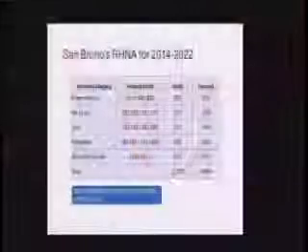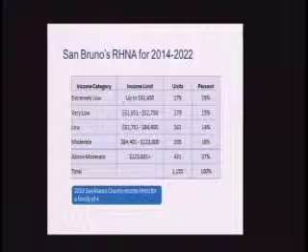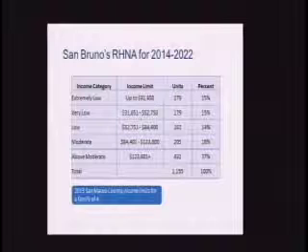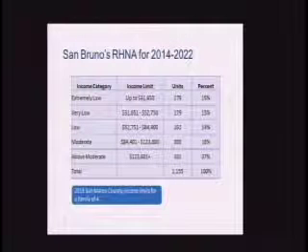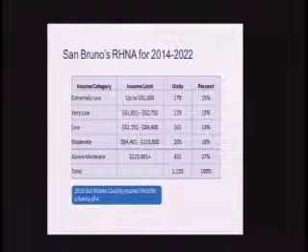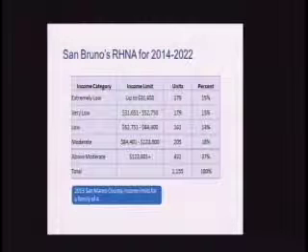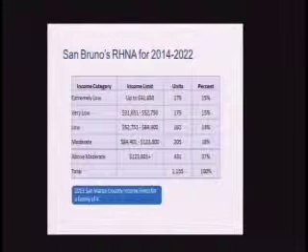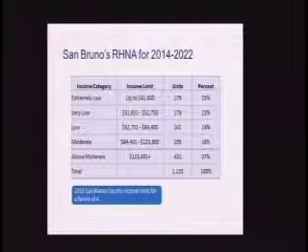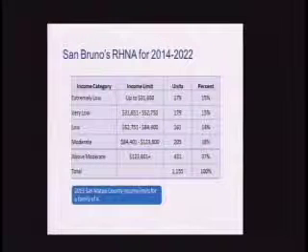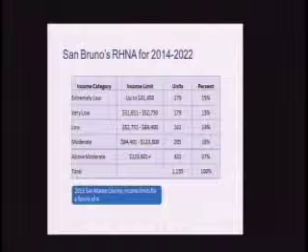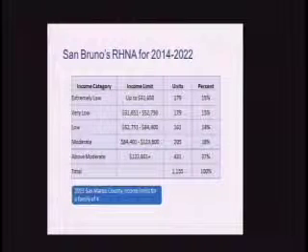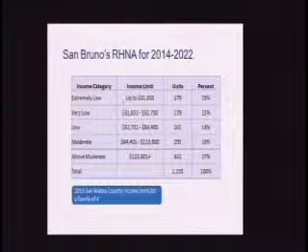So here is our RHNA allocation for the next housing cycle period. And as you can see, the total is 1,155 units. How it's broken down is roughly 180 units for extremely low and very low income households, 161 for low, 205 for moderate, and 431 for above moderate.